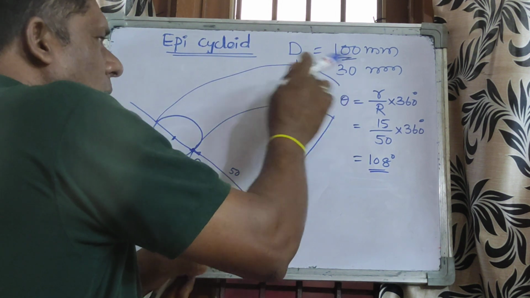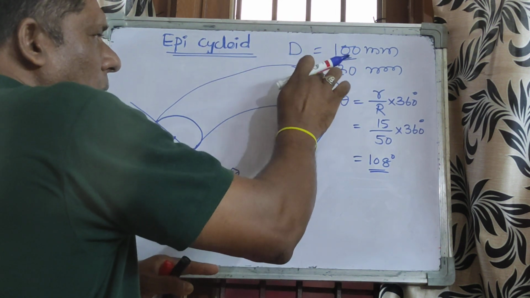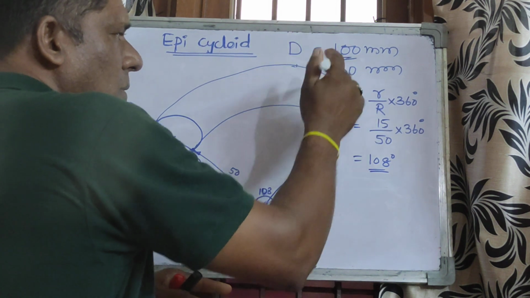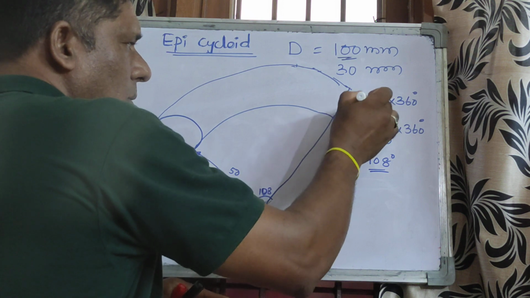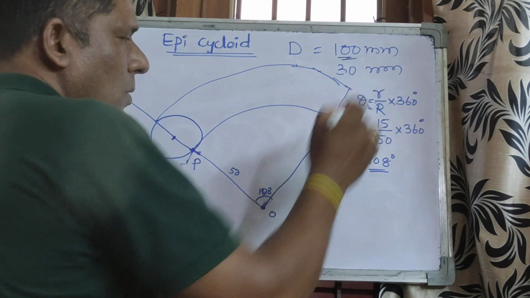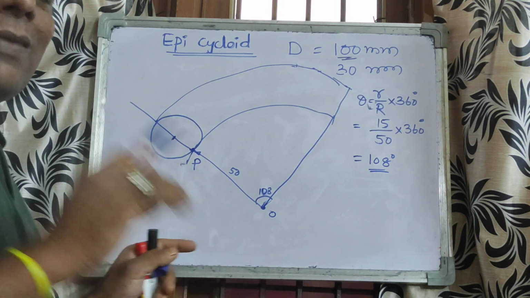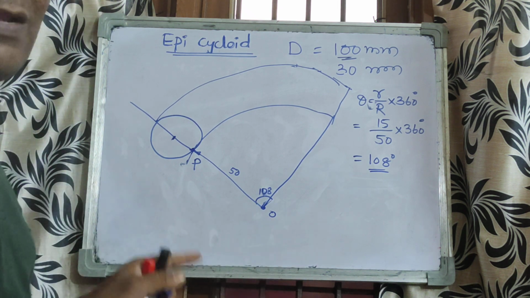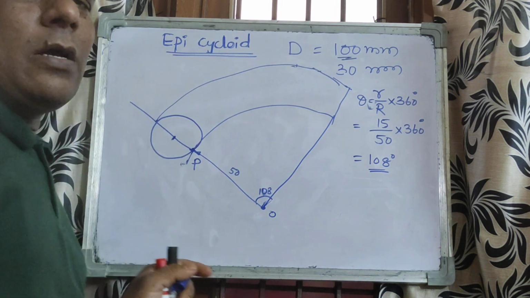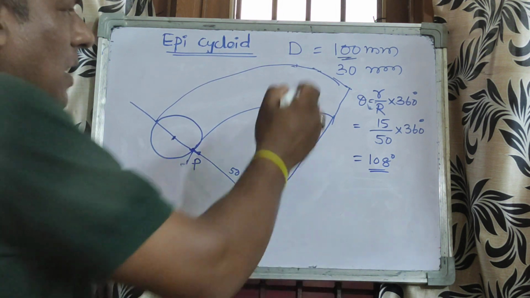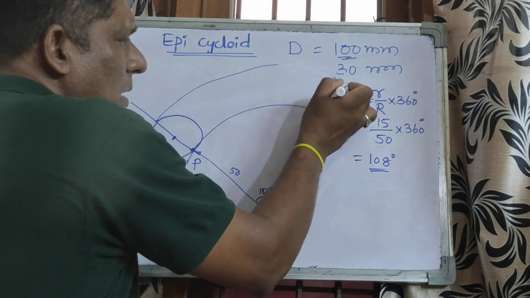Draw the arc. Okay. So whatever arc generates, within this limit only the arc generates. Okay, this is the limit of the arc.